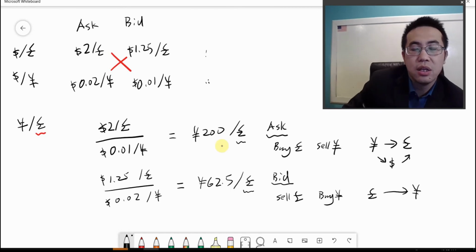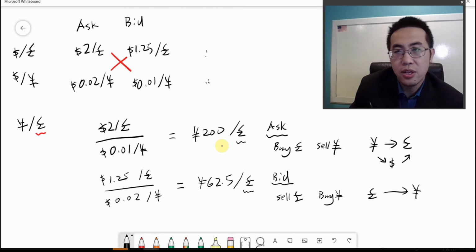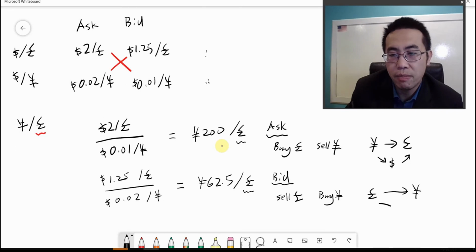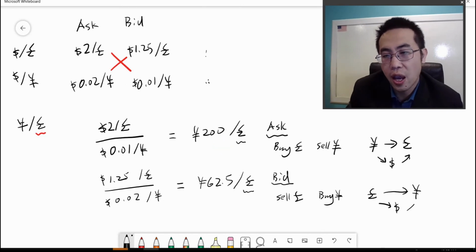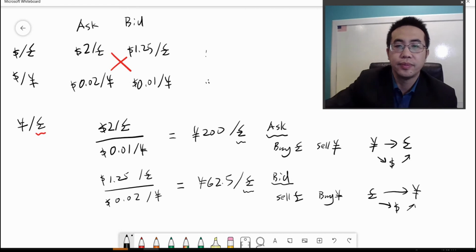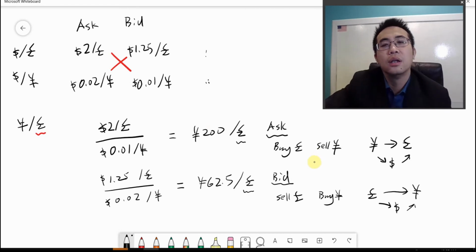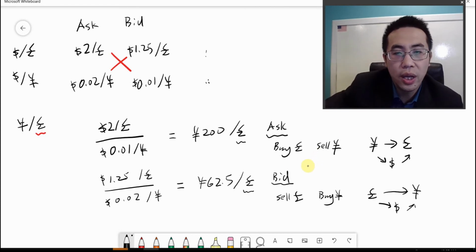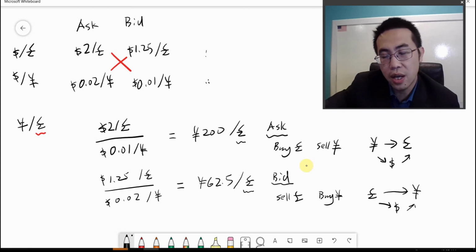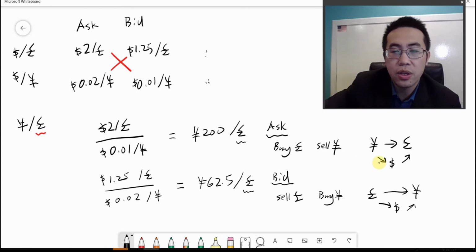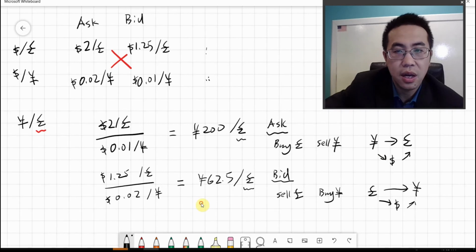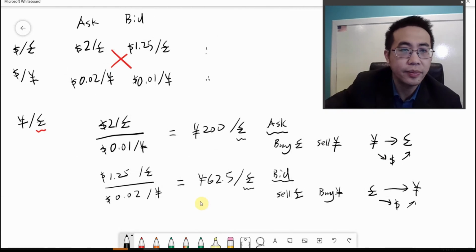There's no bank that gives you this rate directly. So you have to convert pound to US dollar first, and then to Japanese yen. So that's how we exchange from a foreign currency to another foreign currency with the dollar as the intermediate currency. And this is called a cross-rate conversion.